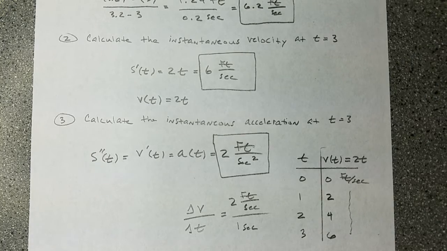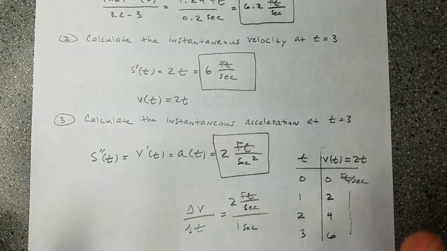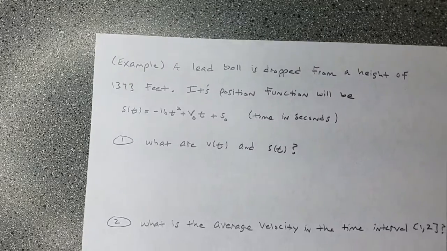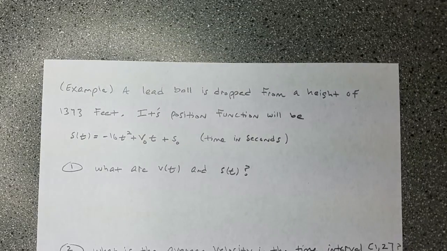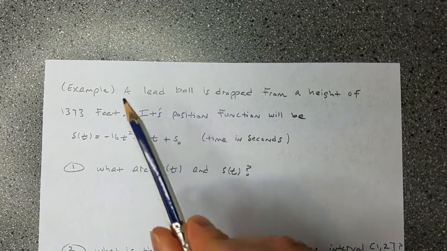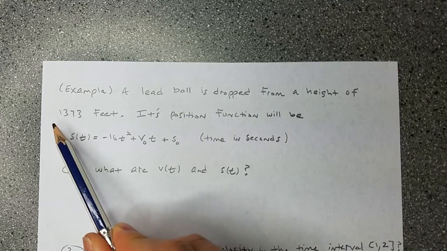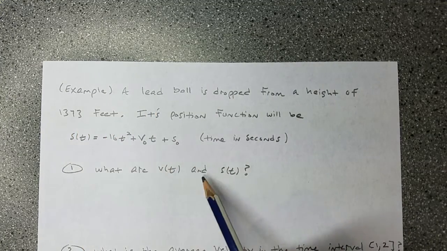So let's try something a little harder than this. This was a pretty easy one in the big picture. Let's do this one. Imagine this scenario. A lead ball is dropped from a height of 1,373 feet.